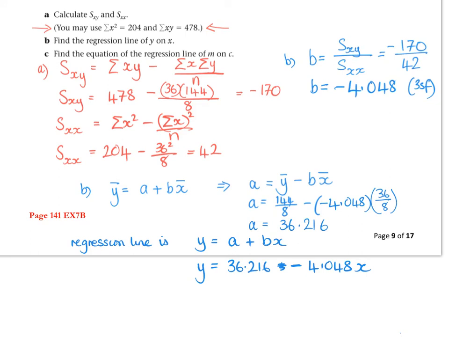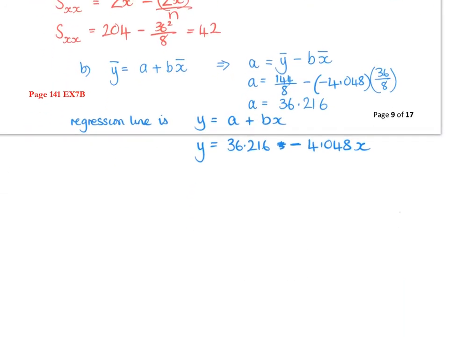Part C says find the equation of the regression line of m on c. So we have to look at how we coded our data, or our x and y. And what we have here for part C, we want the m on c regression line. And that means we want to write m equals our a plus bc, where these values are going to be slightly different because we've got coding going on.